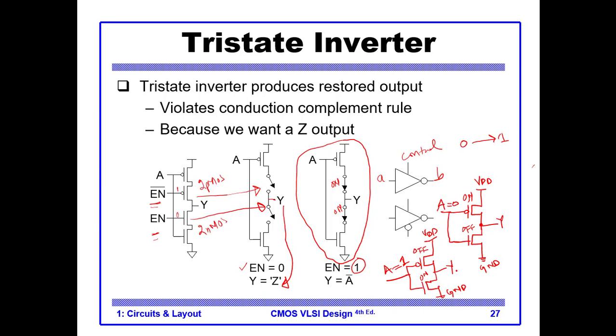So in that case, the ground will be connected to Y. So if we gave it a 1, it gives us a 0. So this is basically a CMOS NOT gate. That's why if enable is 1, then the whole circuit becomes an inverter, and whatever is at the input is passed to the output but inverted.